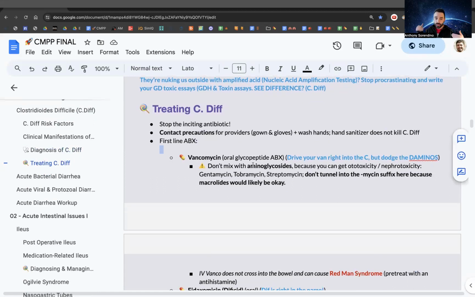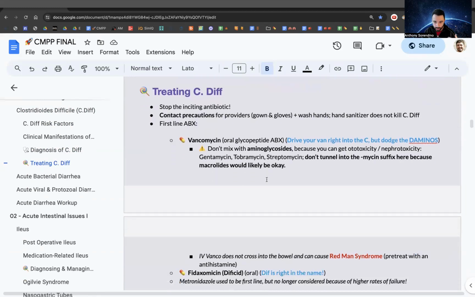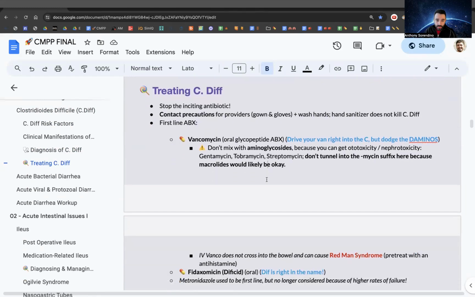The antibiotic we do want to start them on is vancomycin, okay? Some big things to worry about here. These are definitely going to be questions. Don't mix them with a class called the aminoglycosides because they can cause ototoxicity and nephrotoxicity. The aminoglycosides that are mentioned are gentamicin, tobramycin, and streptomycin.